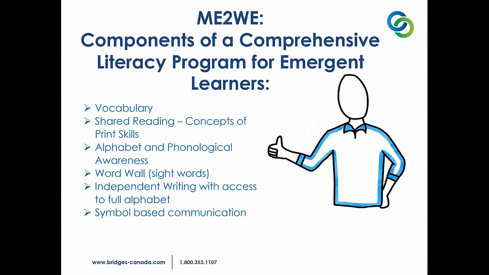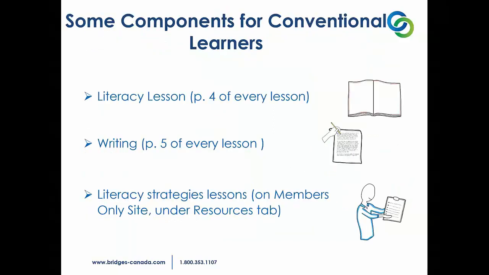So MEville to WEville does focus on emergent learners, and it includes the following components: vocabulary, shared reading and developing concepts of print skills, alphabet and phonological awareness, word wall or sight words, independent writing with access to a full alphabet, and symbol-based communication. But MEville to WEville does include some components for conventional learners as well.